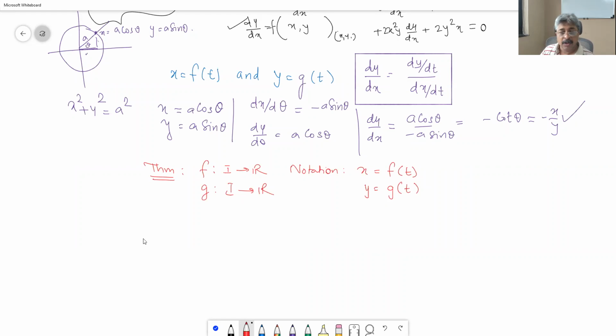Okay. If f dash exists and is continuous on I, this is condition 1.